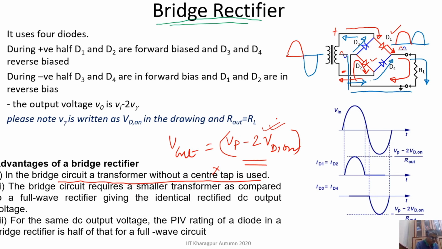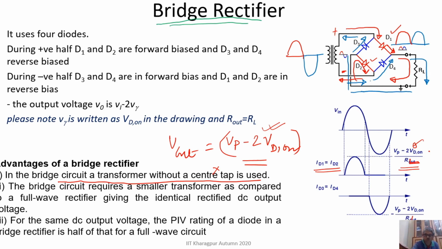So the rest of the voltage will be across that resistor RL. And similarly, I have shown you this current. You see there are 2 voltage drops here divided by this, it should be RL instead of R out. Anyway, RL is the load. So this divided by RL is basically your current. In other words, you will get Vp minus 2 Vd on at the output.